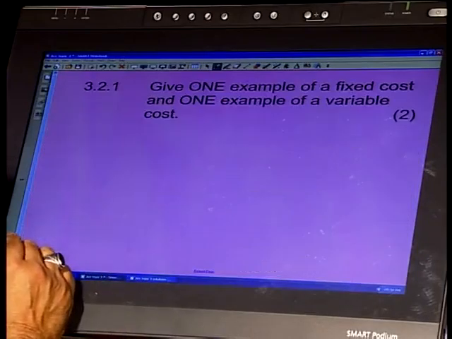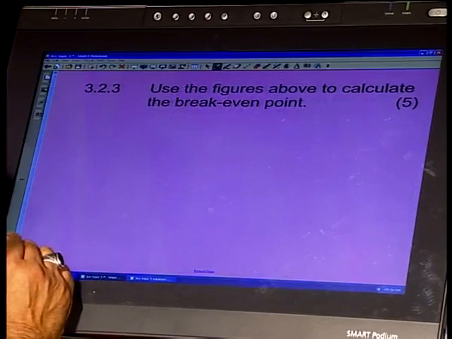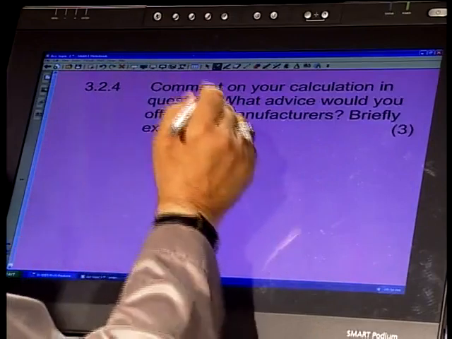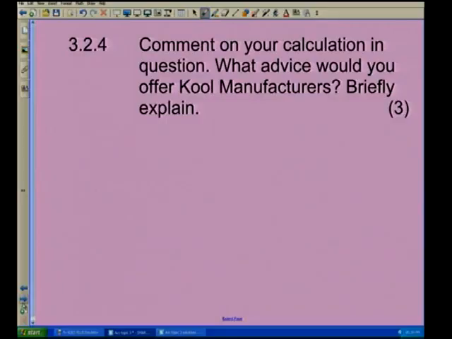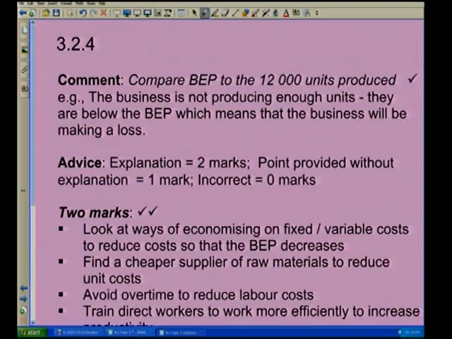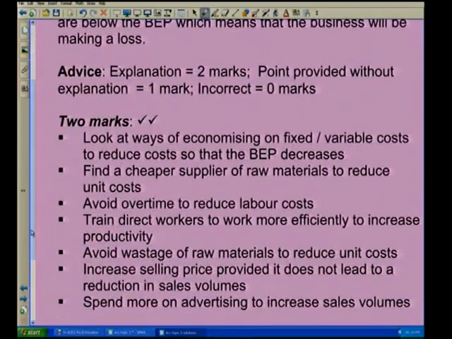Now, you can clearly see in this question, all that they asked you was to calculate the break-even point. Next one. The question says, comment on your calculation in the question. What advice would you offer Cool Manufacturers? Let's look at this.